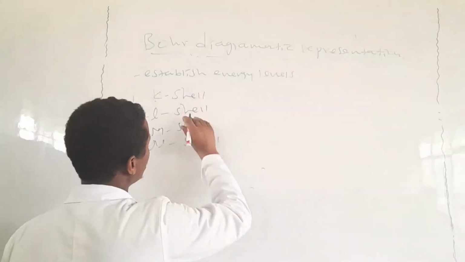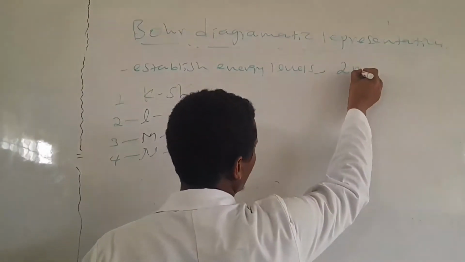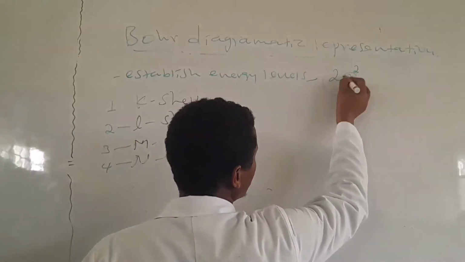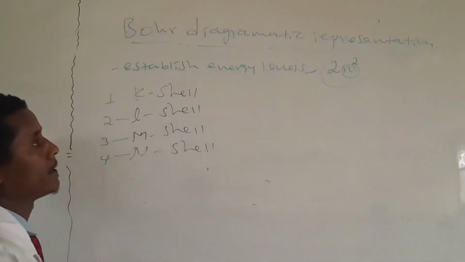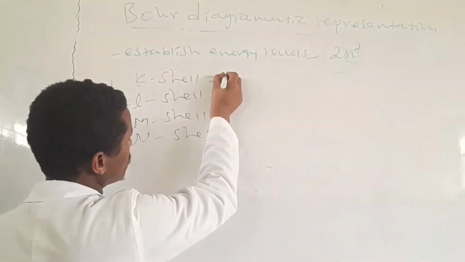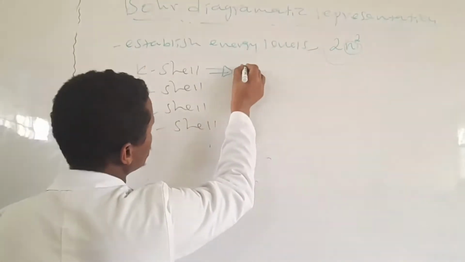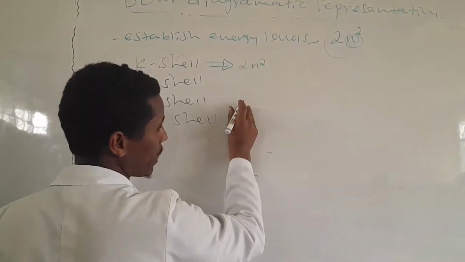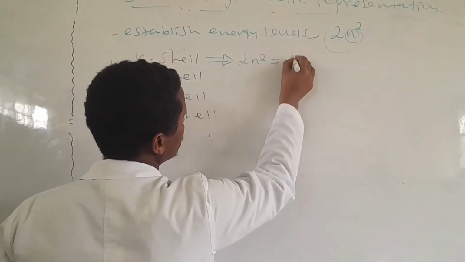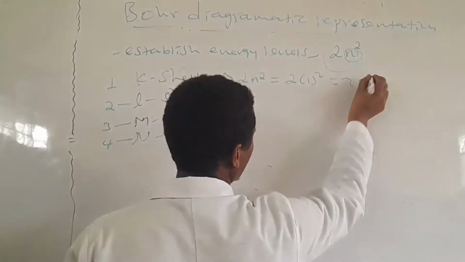The maximum electrons of each shell can be calculated by the formula 2n square, where n refers to the number of the energy level. Let's see the maximum electrons held by K shell. K shell is the first shell. You can use this formula 2n square. Then substitute 1 for n: 2 times 1 squared equals 2 electrons.